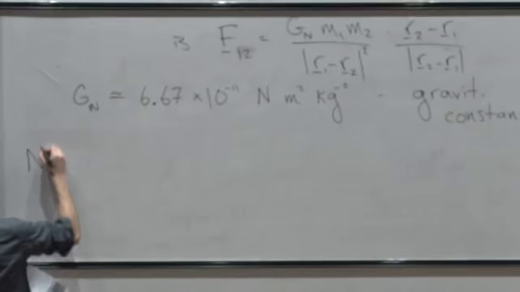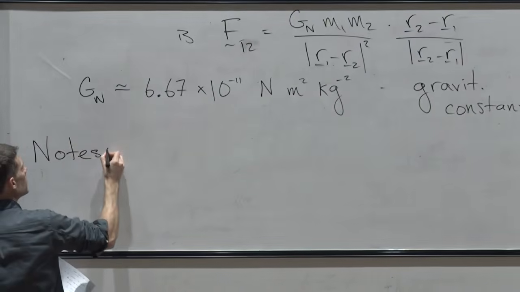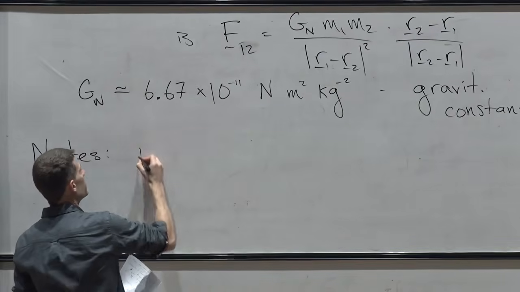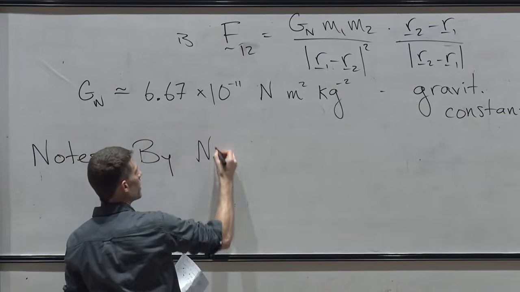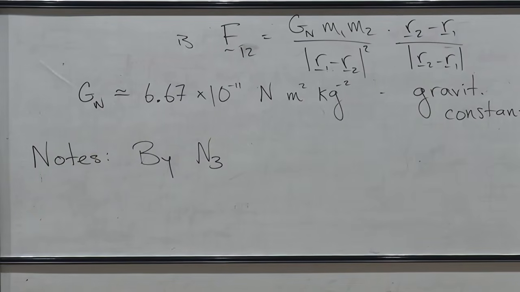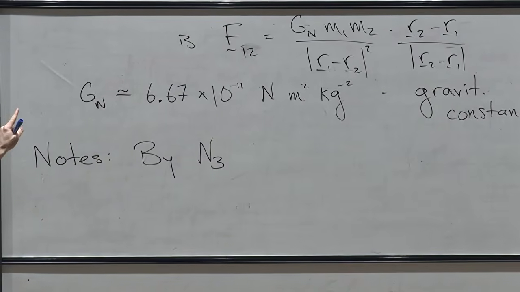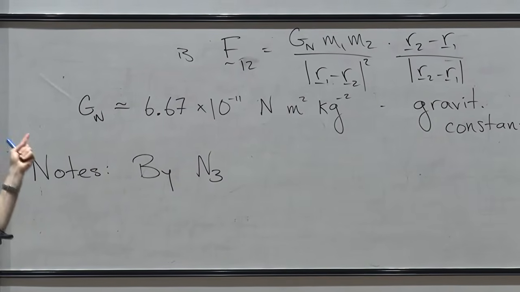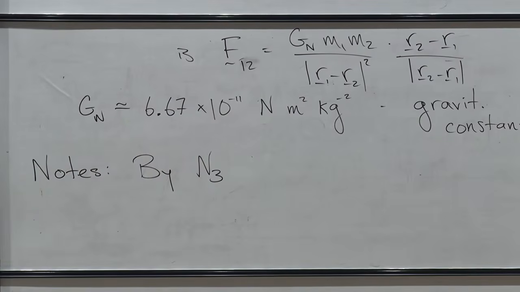So a few notes. 1, by Newton's third law, this is now the easiest expression of Newton's third law, the force on particle 2 due to particle 1 is the exact same thing, just flipped around.